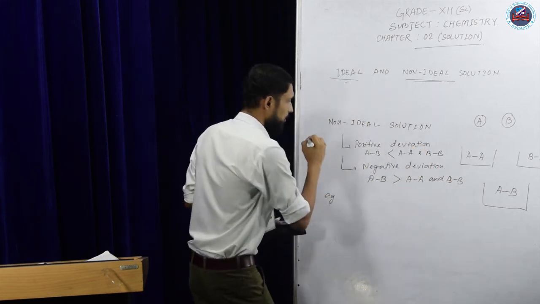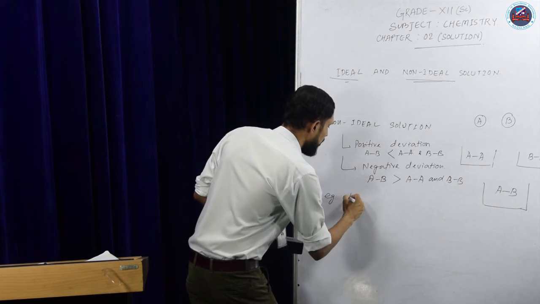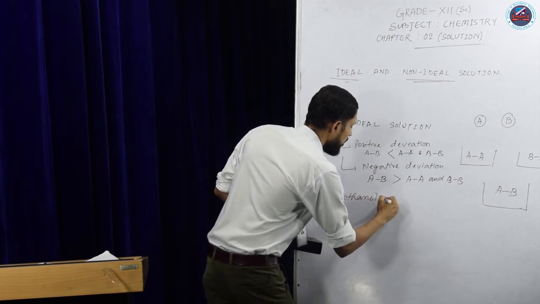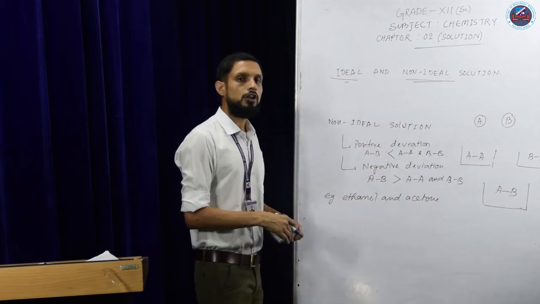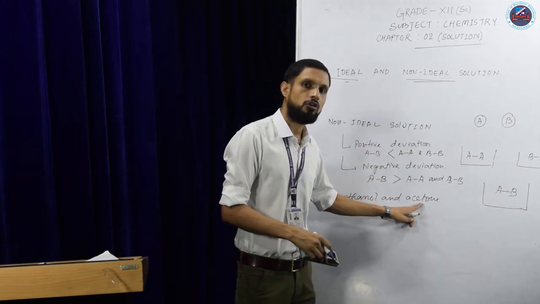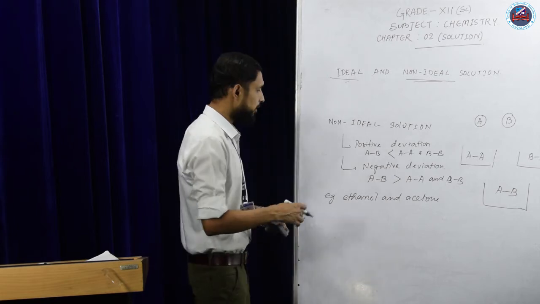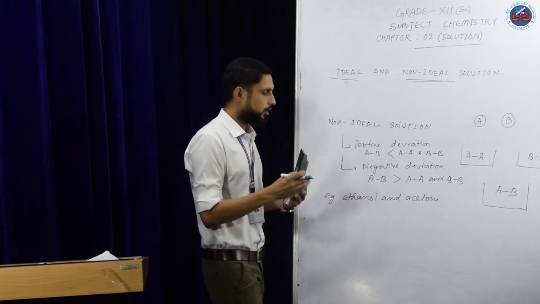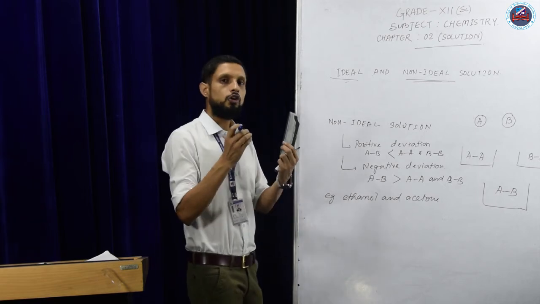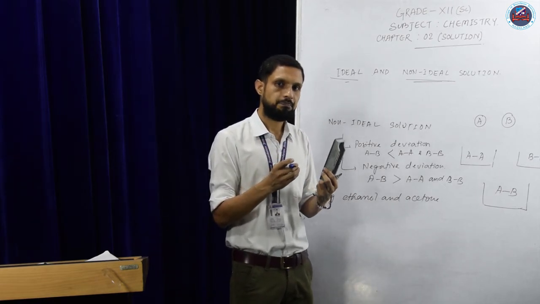So for example, for positive deviation, you can take the example of ethanol and acetone. If you take a solution of ethanol and acetone, it will show positive deviation. The reason is, initially when you take only ethanol, there will be strong intermolecular hydrogen bonding.